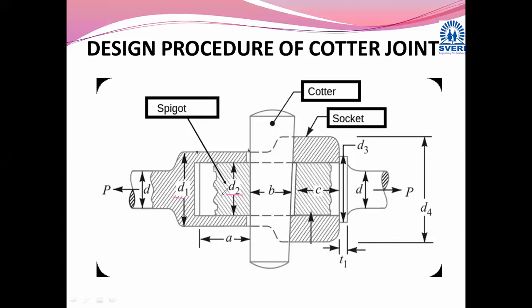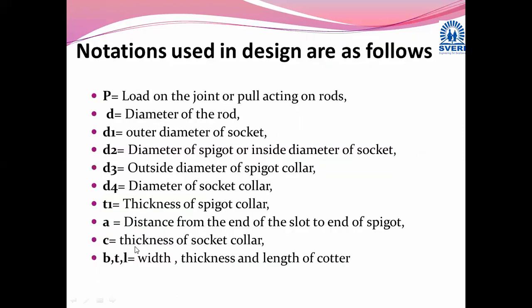Once you have already calculated this D2, that is the outer diameter of the spigot, then you can use this value and find the D1 and the distance which is remaining, that is C. Also, we have to calculate the diameter of this collar, which is denoted by D4, the external diameter of that socket, the socket collar diameter.